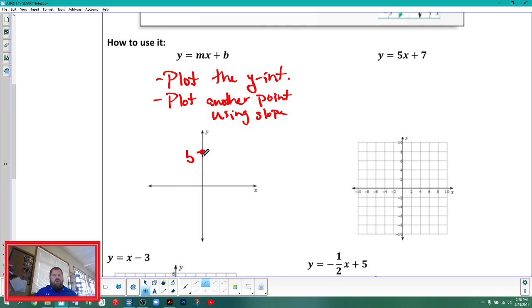So let's say I go up m and over 1. That's my slope, so I get another point right there. Now that I have those 2 points, you can draw the line.